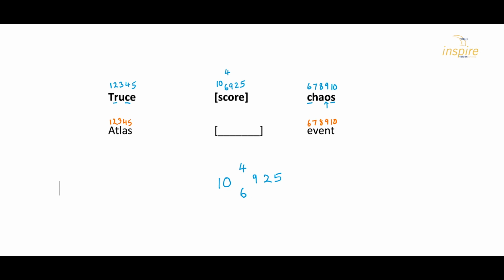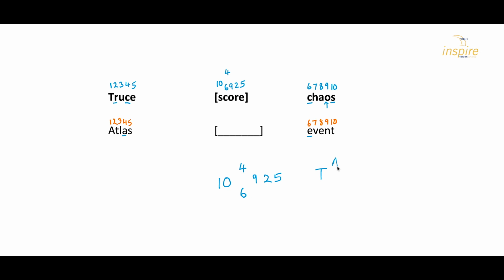Okay, so let's have a look at what we've got. So 10 is a T. So you're going to get a T. Let's put it down next to it. So there's your T. 4 or 6, that's A. There's your 4. There's your 6.